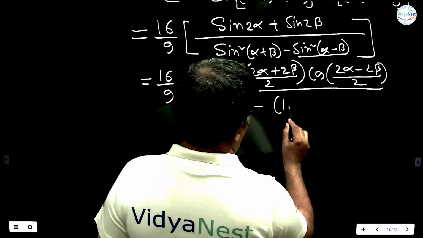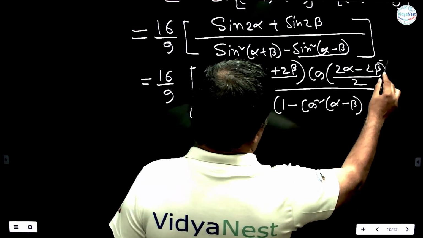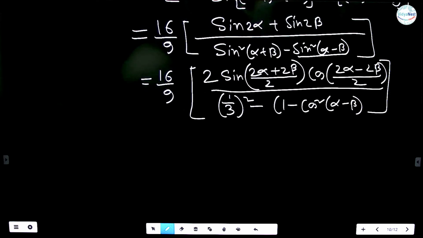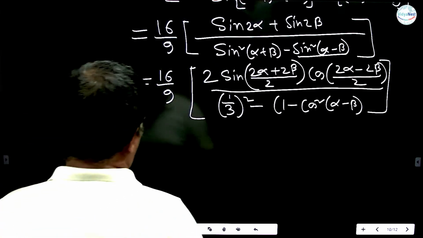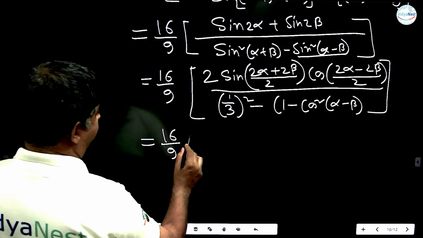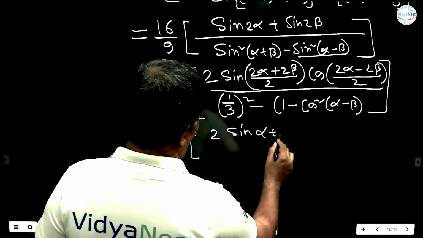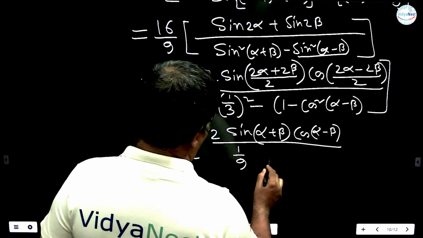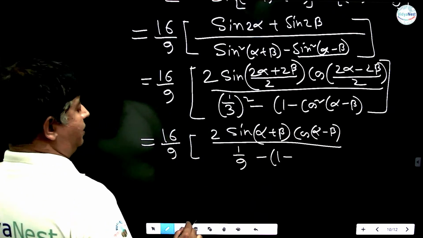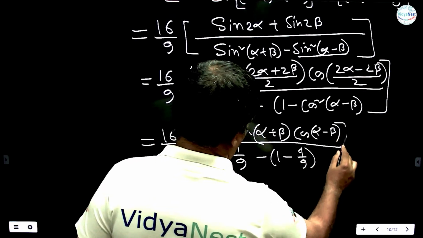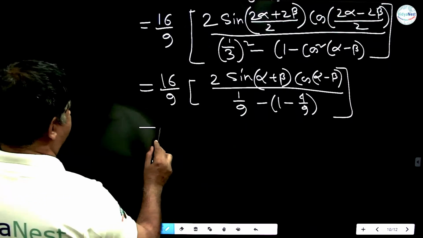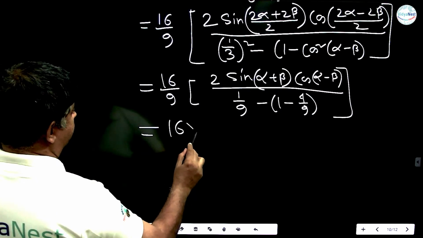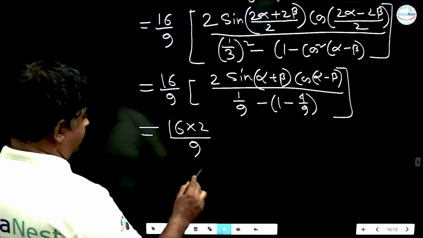This is sin squared, so 1 minus 1 by 9. Cos alpha minus beta is 2/3, so 4 by 9. Sin alpha plus beta is what?